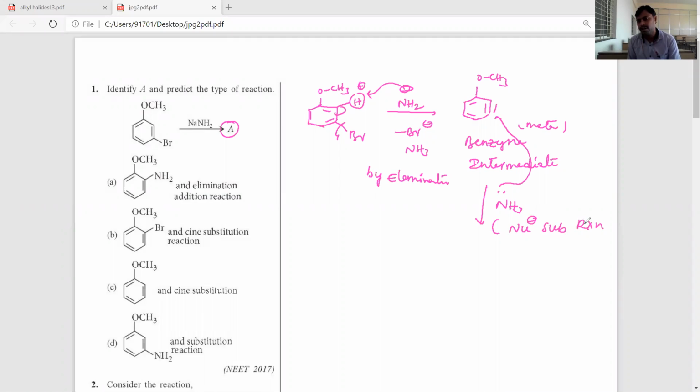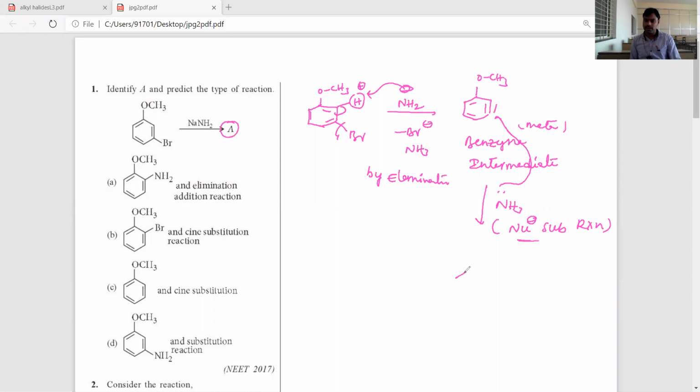Generally, aromatic compounds are less reactive in nucleophilic substitution reaction, but when treated with sodamide, they form benzyne intermediate. Due to the formation of the benzyne intermediate, they can involve in nucleophilic substitution reactions very easily.